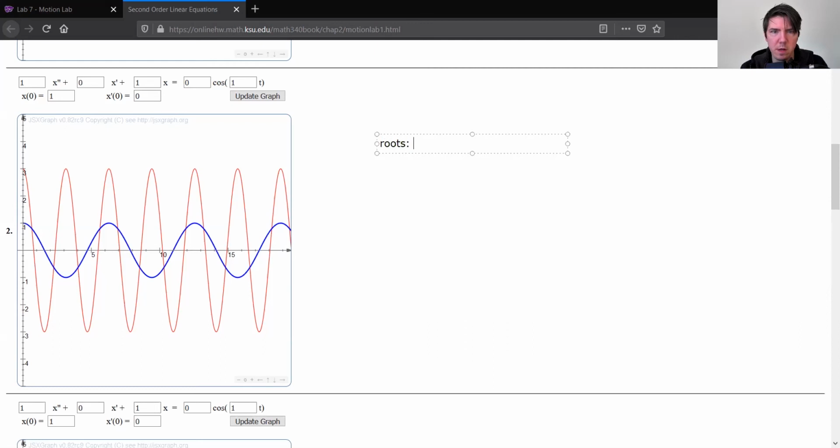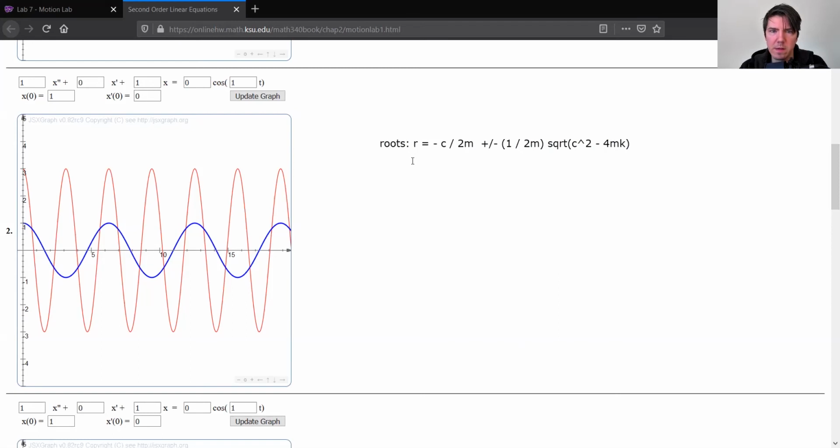The roots were r is equal to negative c divided by 2m plus or minus. And when we did plus minus, we had 1 divided by 2m, then we had square root. And in that square root, we had c squared minus 4mk.